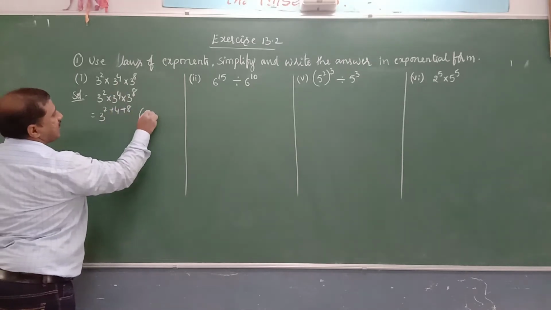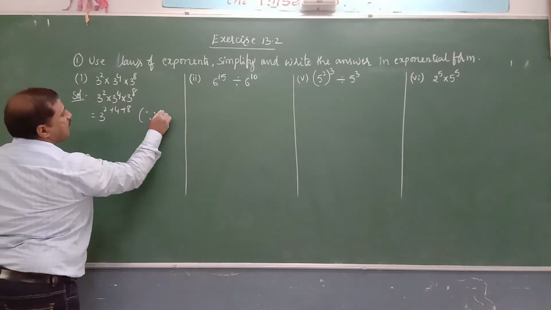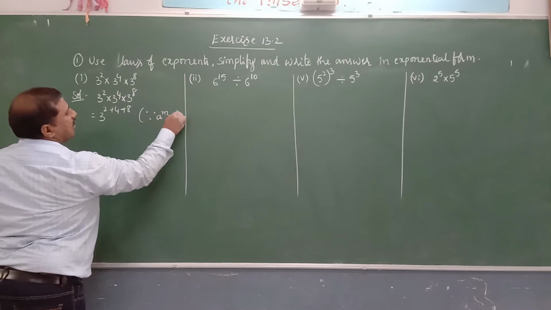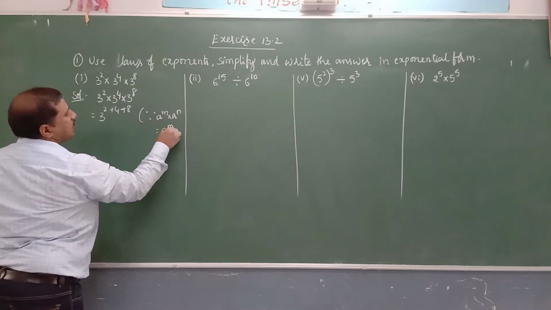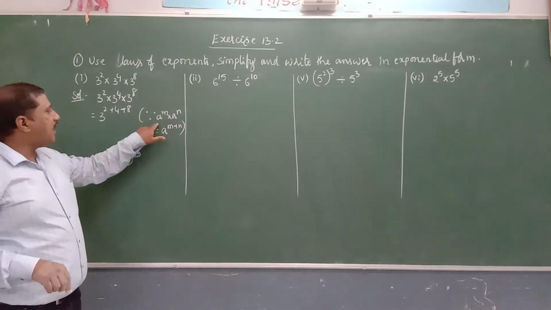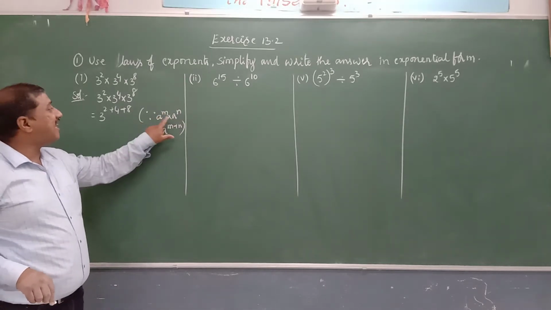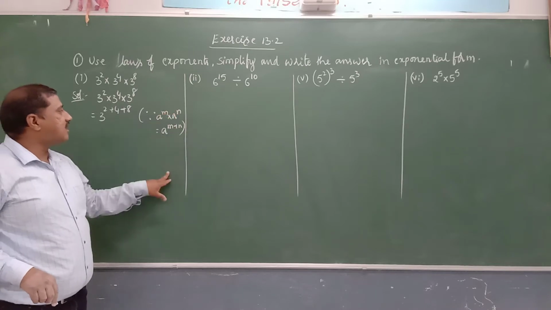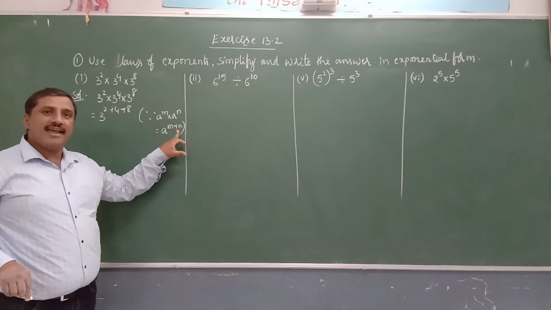The form is a to the power of m into a to the power of n is equal to a to the power of m plus n. When bases are same and exponents are different, we just add the exponents.